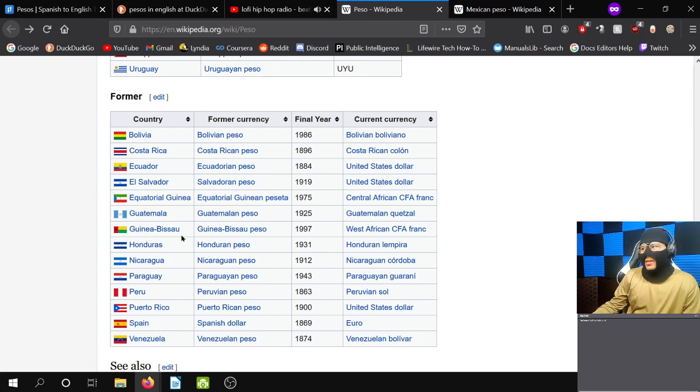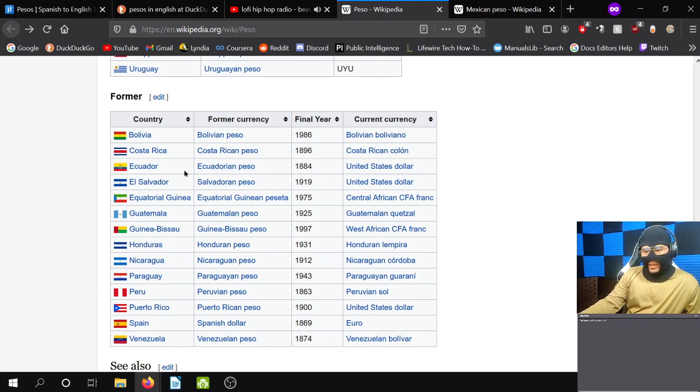You have many speakers like that. Also, Equatorial Guinea's main language is actually Spanish. Not French, not Portuguese, not English, but Spanish. So yeah, all these former Spanish colonized countries use the term peso.